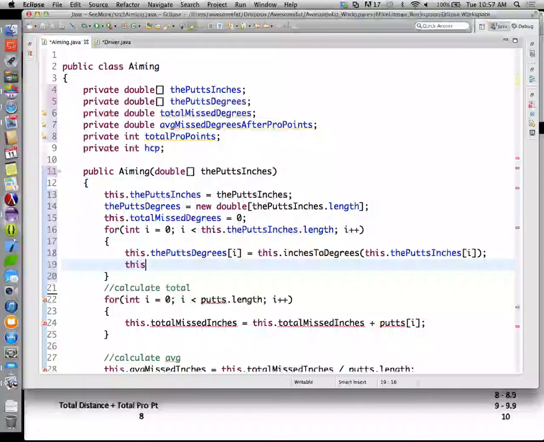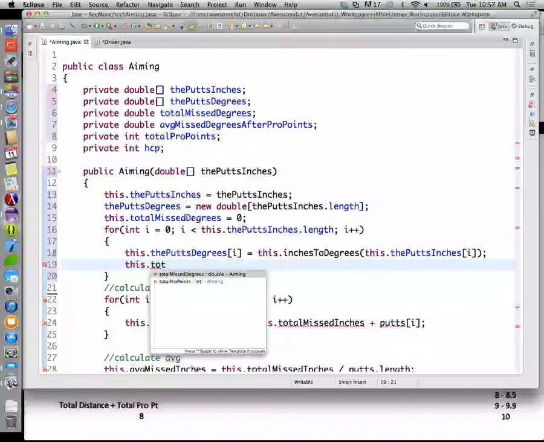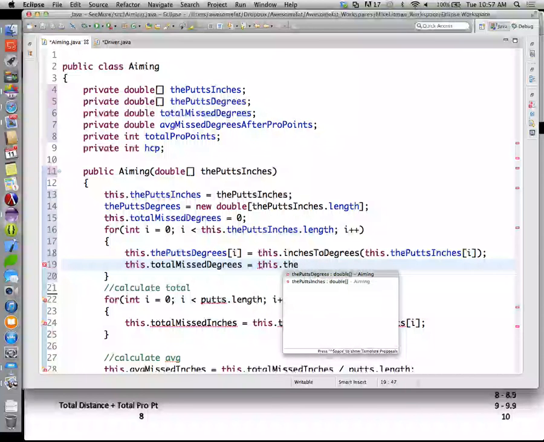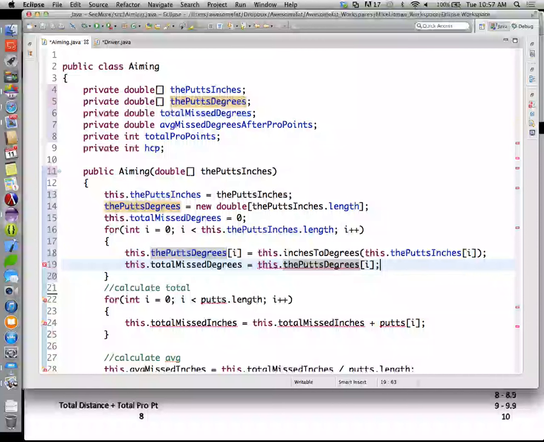So I could say this.total missed degrees is equal to the putt's degrees at bucket i, and we'll say plus equals. So we'll add on to our total missed degrees whatever the degrees we just calculated is.